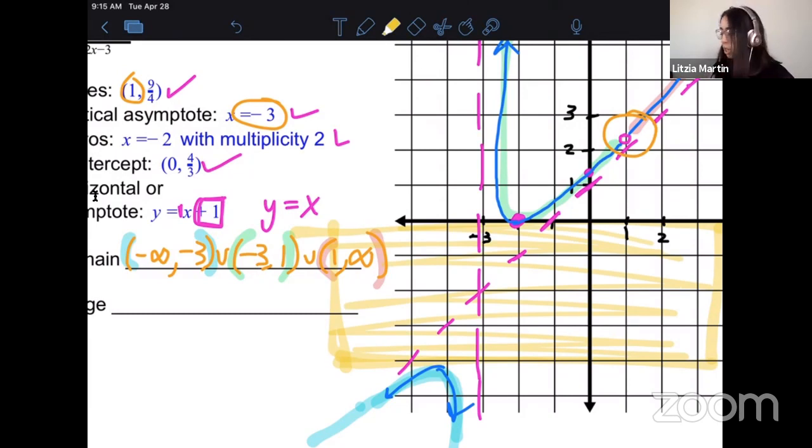So our range is going to go from negative infinity, because we do have this piece here that's continuing downwards. And then it's going to stop at this coordinate here.